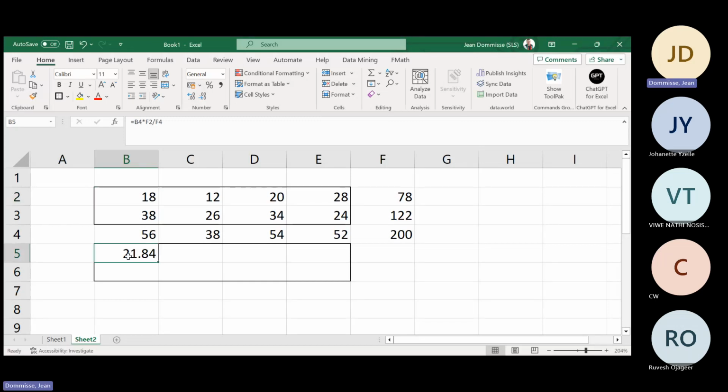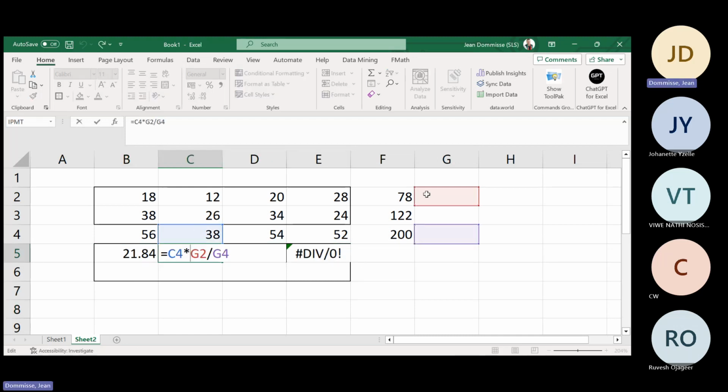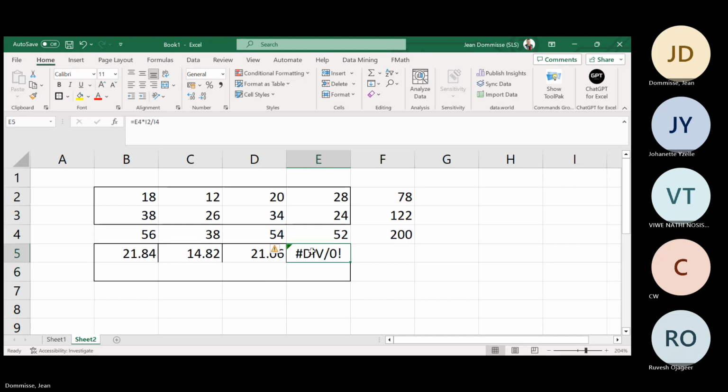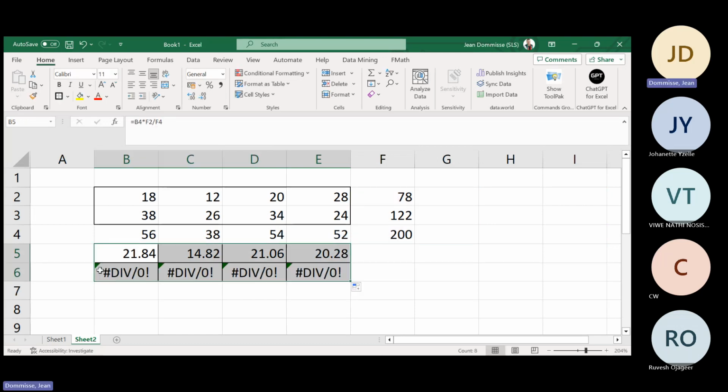So here is now the numbers. So let's quickly just see this.